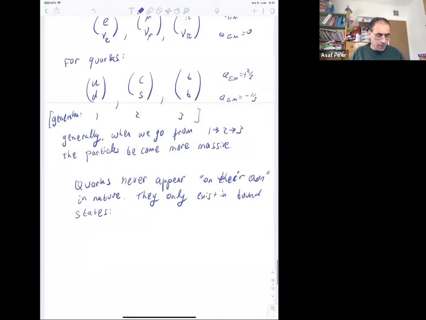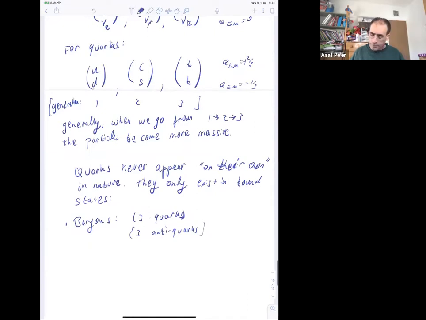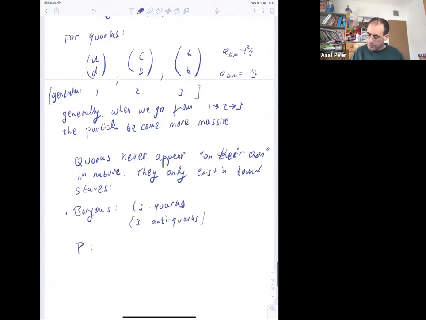Right? Of either baryons, which are made of 3 quarks, or of course 3 antiquarks for antibaryons. Right, so such as the proton is made of up, up, and down quarks.